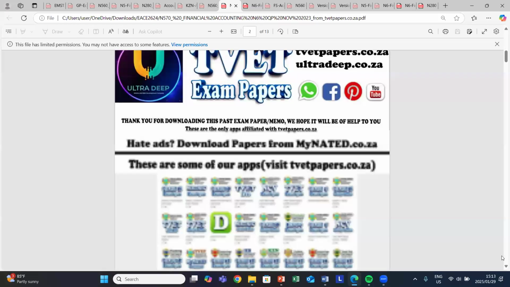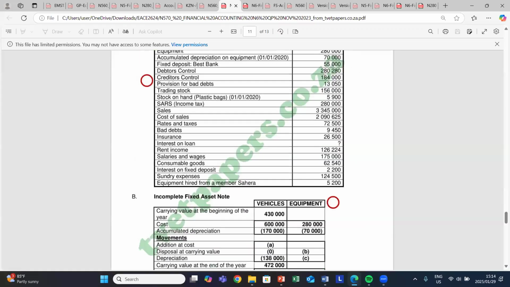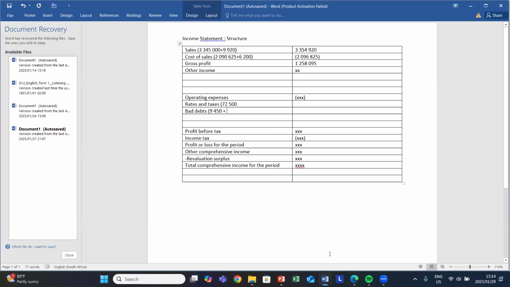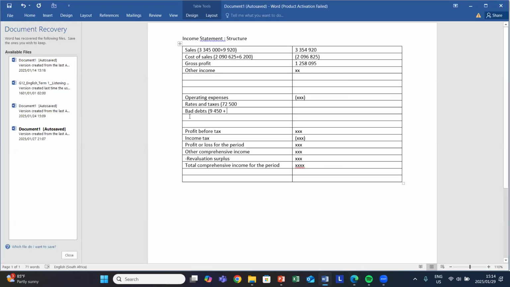Oh, it's the November 2023 paper. Right, bad debts. We know that in bad debts, you always add. There will never be a situation where you have to minus. And then we also have insurance. Our insurance is 26,500.